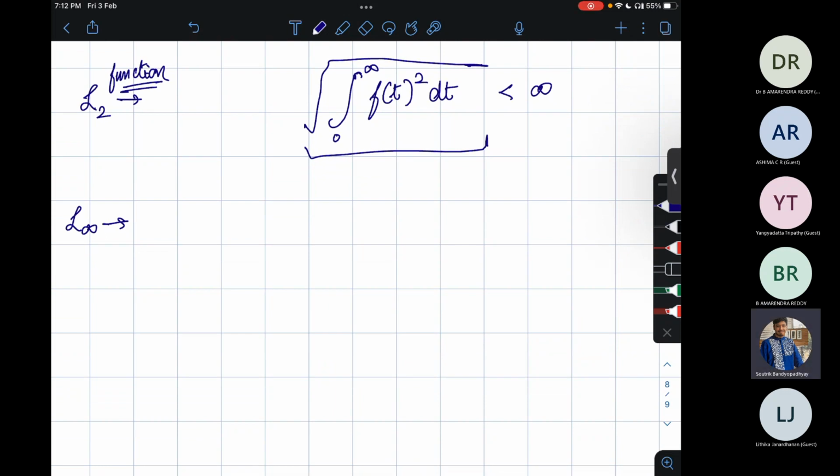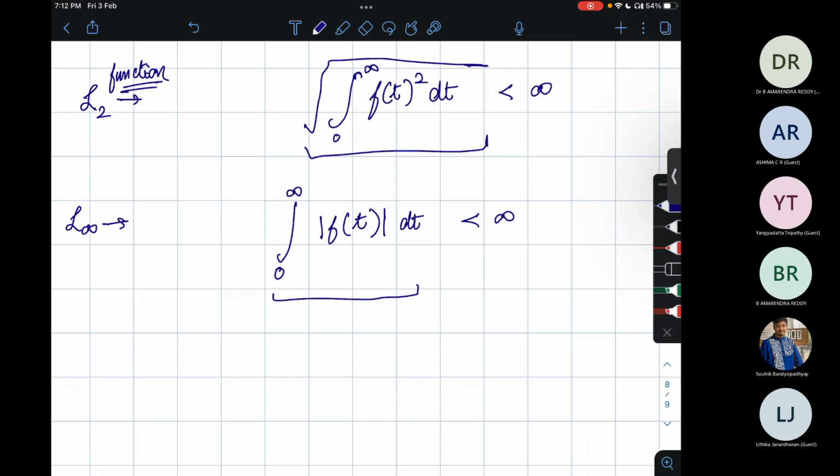And similarly, the L infinity condition is the integral from 0 to infinity of absolute value of f of t dt must be less than infinity. This is the infinity norm of a function. And this is the 2-norm of a function.